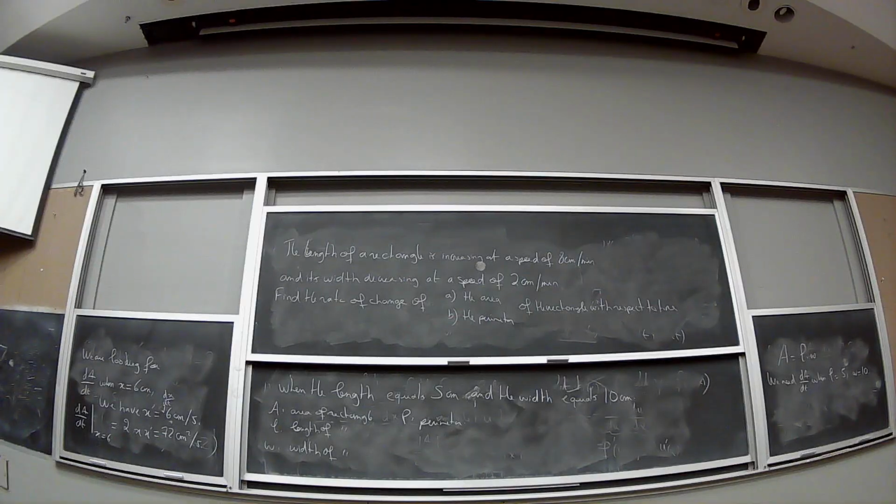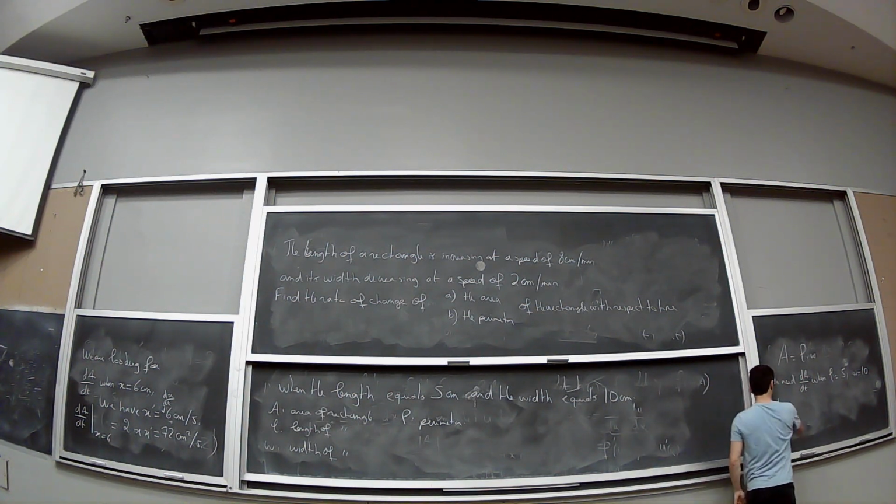Now, dA by dt is really A prime, right? A prime is the derivative with respect to t. L and W are both functions of t here. So if I have to differentiate A with respect to t, what rule should I be using? Yes, someone said it, the product rule, right? So what is A prime? What do you prefer, A prime or dA by dt?